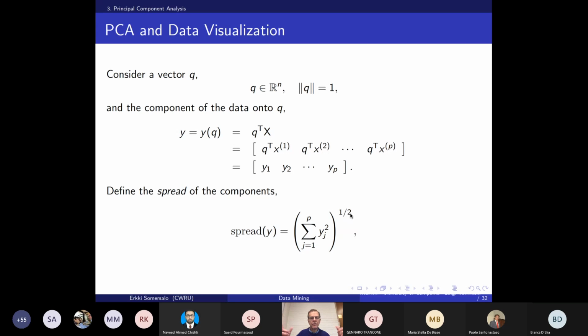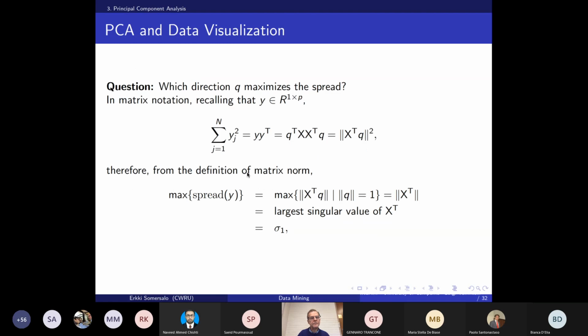That tells me more or less how much stuff I have in my data matrix in the direction of q. You can think that you take your data as a cloud, and you try to find a cross-section of your data where the spread is largest possible. You calculate this norm of y, which is the spread of my data in the direction.